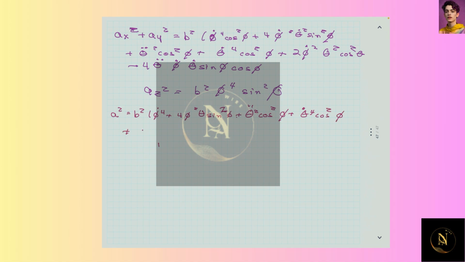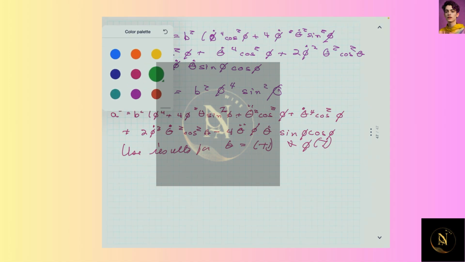Plus, and then use the given results for theta equals theta initial cosine omega t, and then I'm going to get the following. Let me switch colors for this.